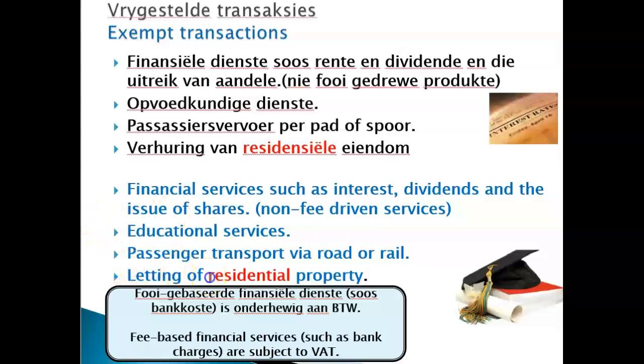The letting of residential property. Guys, what is residential property? That is where you stay. You are renting a room or flat or something close to the campus, and because you stay there, there's no VAT applicable on your monthly rent. But as soon as you rent premises for business purposes, there's VAT applicable on that rent.